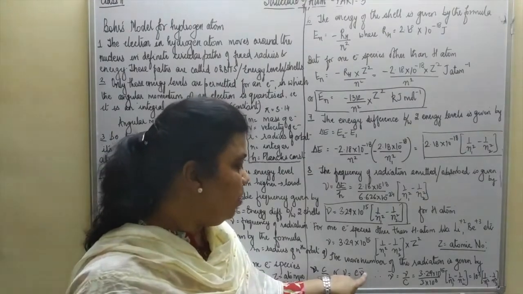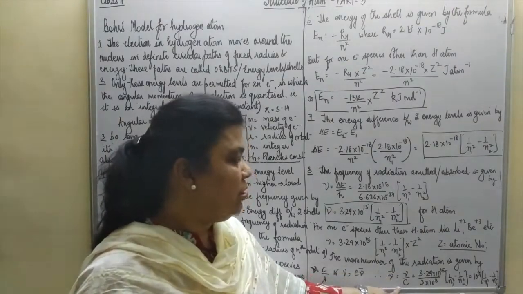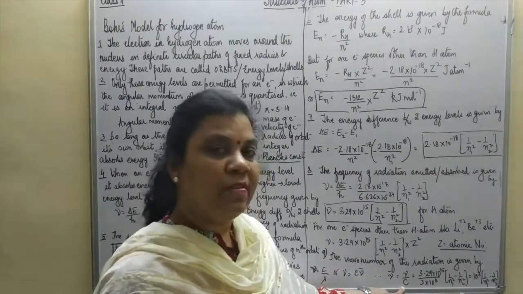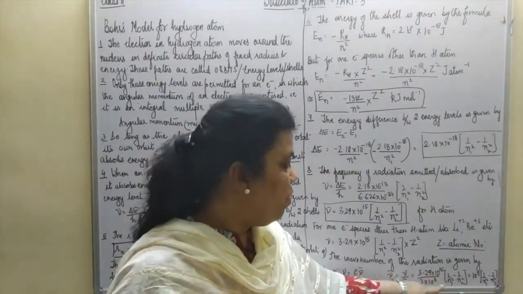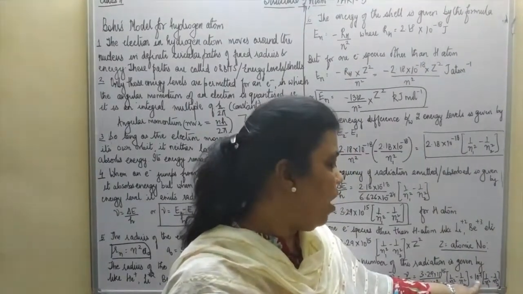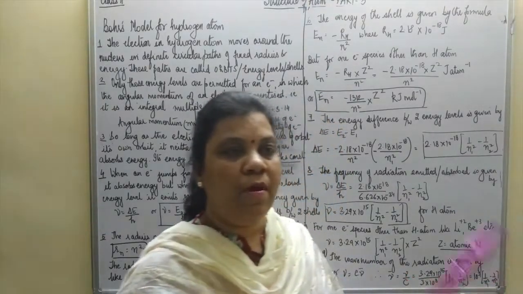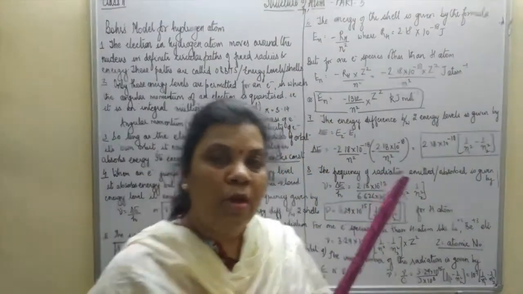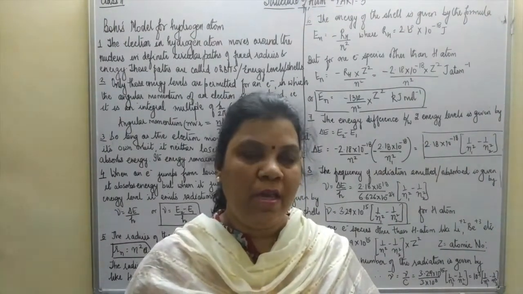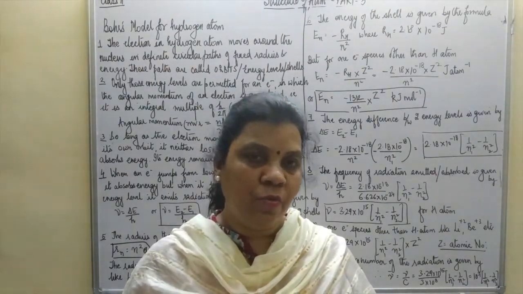So to calculate nu bar, that is the wave number, it is given by nu upon c, where c is the velocity of light. On solving this, we get the formula which we had already seen, Rydberg's formula, 10 to the power 7, 1 upon n1 square minus 1 upon n2 square, which is the formula to calculate the wave number of the radiation when an electron jumps from one energy level to another.